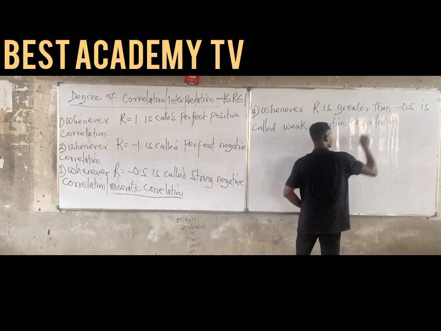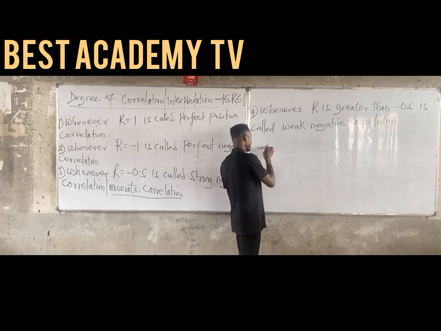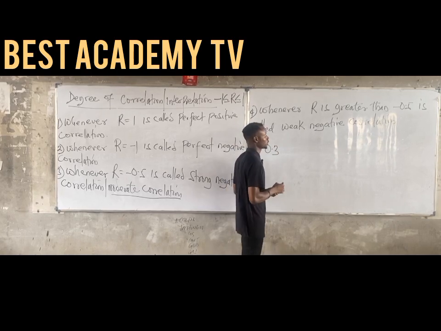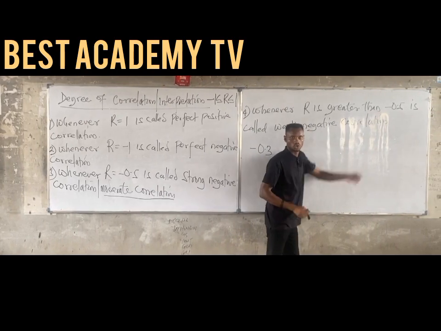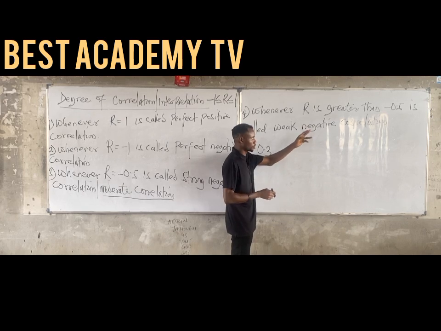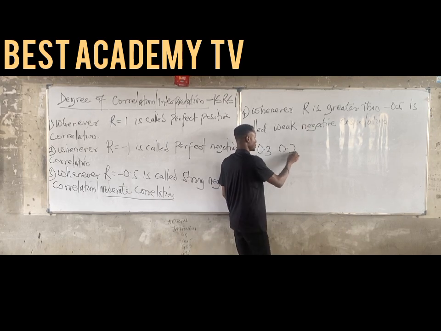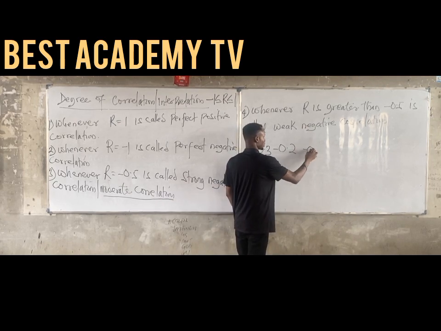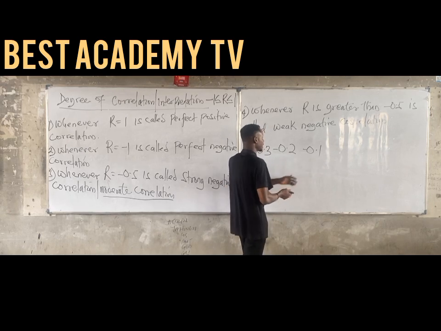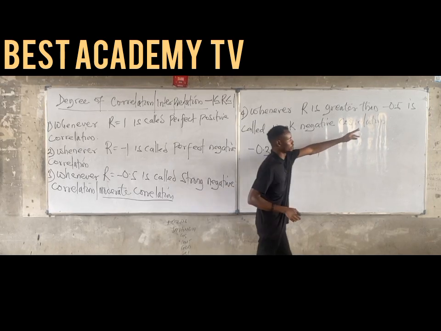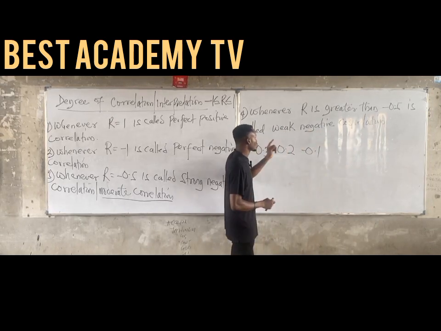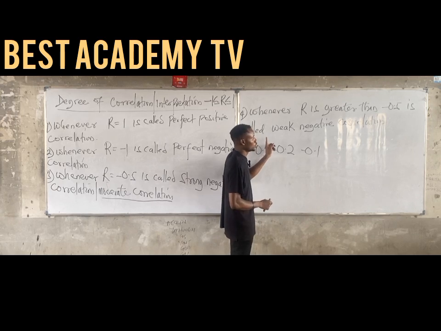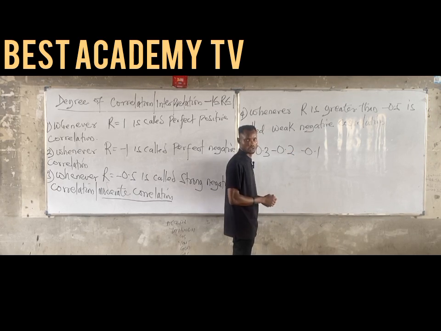Let me explain: remember that minus 0.3 is actually greater than minus 0.5. So any value that is greater than minus 0.5, that is minus 0.2, minus 0.1, should be called weak negative correlation. Please take note of that.